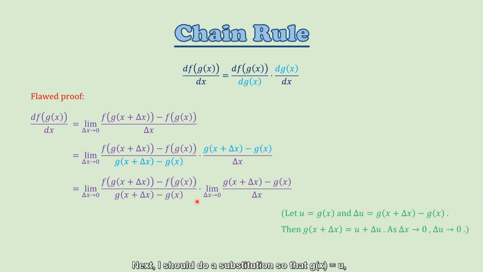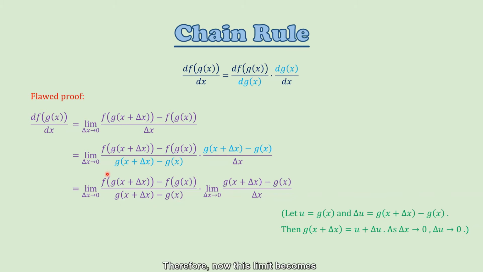Next, I should do a substitution so that g(x) is equal to u, and then g(x+Δx) minus g(x) is equal to Δu. And as a result, g(x+Δx) can be written as u plus Δu. And as Δx approaches 0, Δu should approach 0 as well.